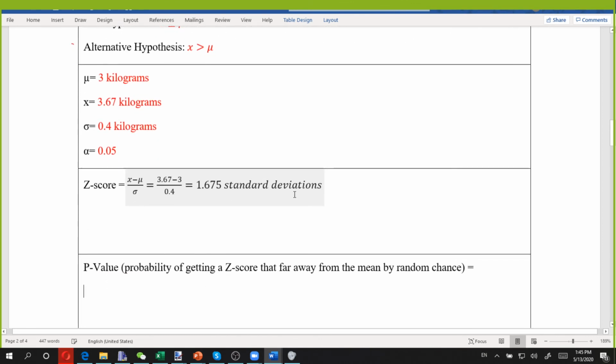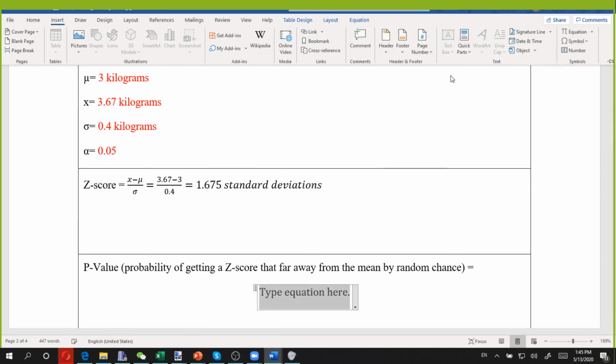Okay, so then I need a p-value, which brings us to Sarah. Sarah, how can we get the p-value?